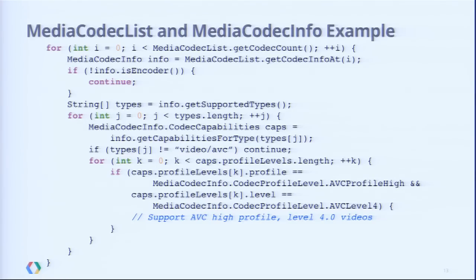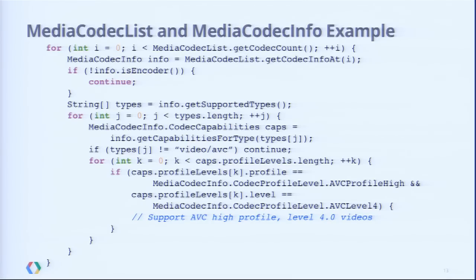This method returns an object of media codec info. Using that info object, you can find out whether this codec is an encoder or decoder, and you can find out all the MIME types it supports by calling get supported types. With the array of supported types, you can iterate through all of them and find out the capability for each MIME type that this media codec can do.